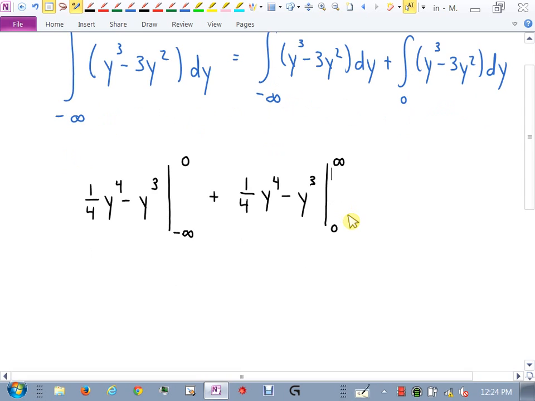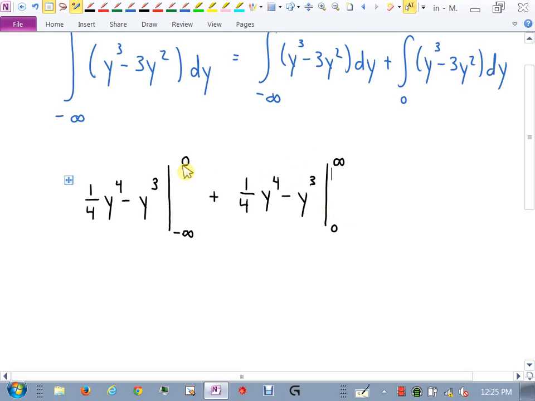Now, I did not mention this last time when we did this example because it didn't happen, but I'll mention it on this one. If either one of these diverges, you're done. You just say diverges. If one of them diverges, that's all you need, just for one. So I don't know what's going to happen yet, but let's take a look.